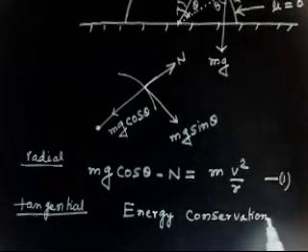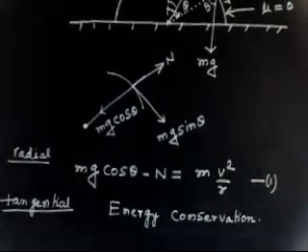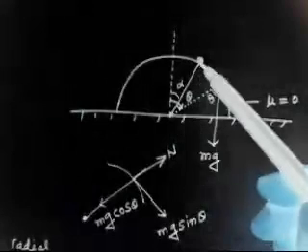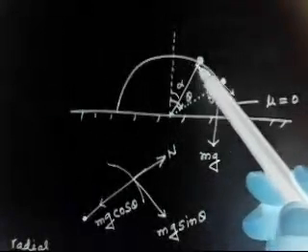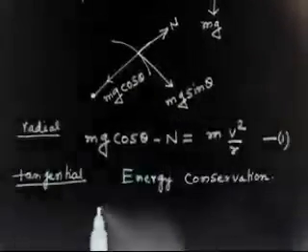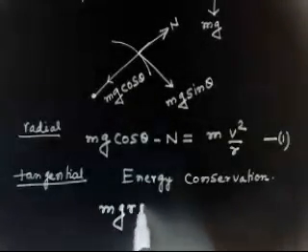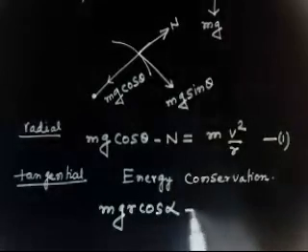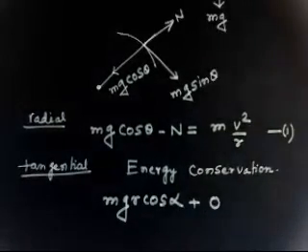If I apply energy conservation, this surface is smooth, so there is no loss of energy. The initial potential energy: this angle is alpha, so this height is r cos alpha, and the initial potential energy is mg r cos alpha. Initial velocity is 0, so kinetic energy is 0.